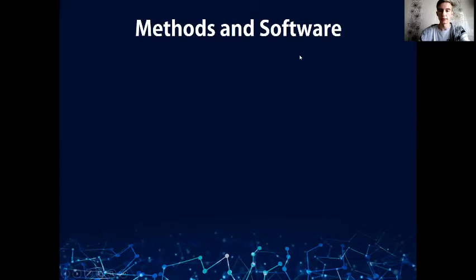And now let's see the methods and software which I used to create the system. Python is the programming language in which the system was created. JavaScript combines Python code with the interface.